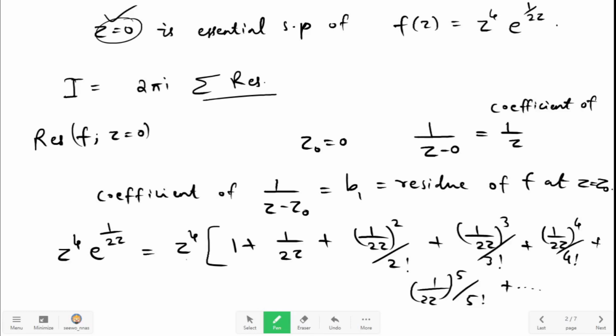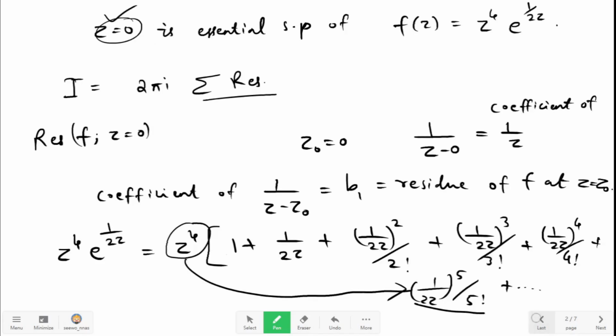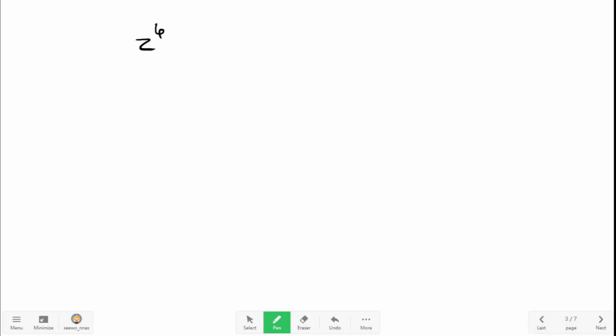And to get the coefficient of 1 by z, I will take z raised to 4 multiplied by this term, because when you multiply z raised to 4 with this term, then you will get 1 by z. In all the other cases you will not get it. So let us write this product, z raised to 4 times 1 by 2z the whole raised to 5 divided by 5 factorial.